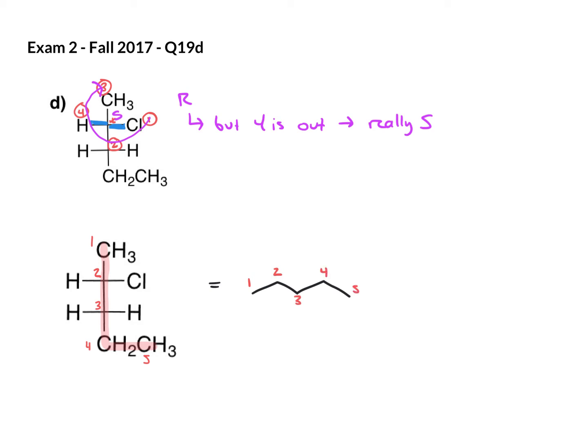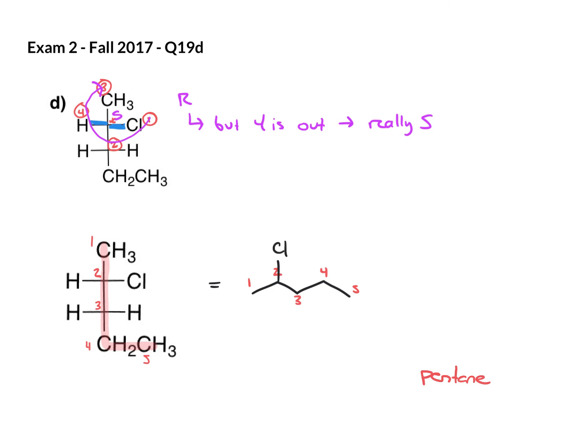Right, there's no need to do this as the zigzag skeletal structure. You can do it directly from the Fisher. I'm just doing this to provide some extra clarity. So a 5 carbon chain is pentane. Then we have the chlorine group at 2.